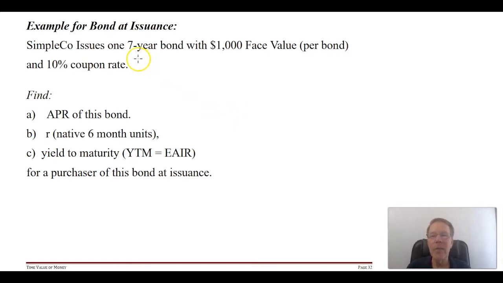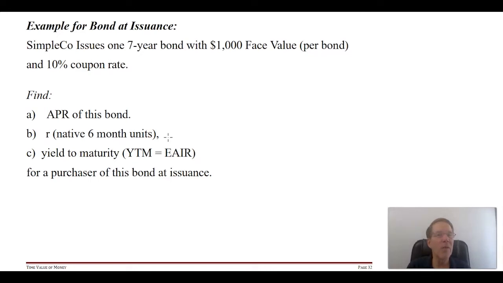All right, so let's do an example. So let's look at Simpleco. It's issuing a 7-year bond with $1,000 face value. So that's the original amount that's going to be given to them to bond and repaid at the end, right? And they've got a 10% coupon rate, okay? So let's find out the APR of this bond, and let's find out the R, that's going to be in native 6-month units, right?